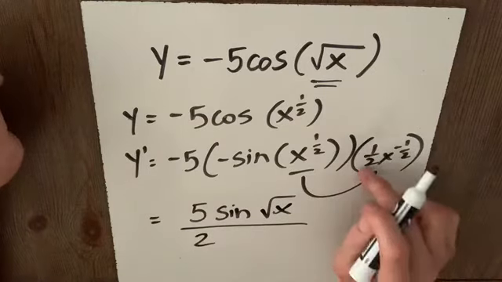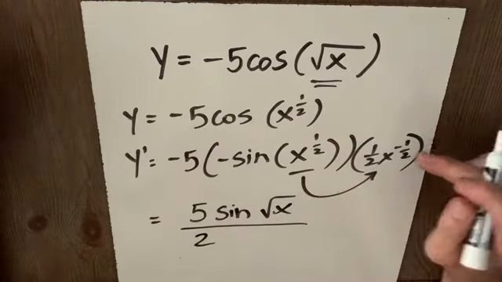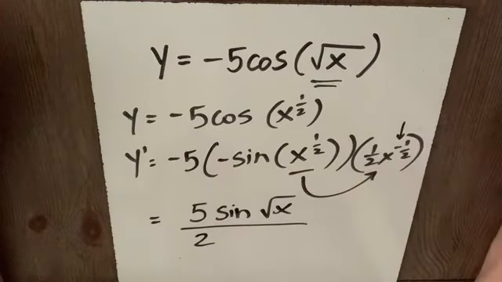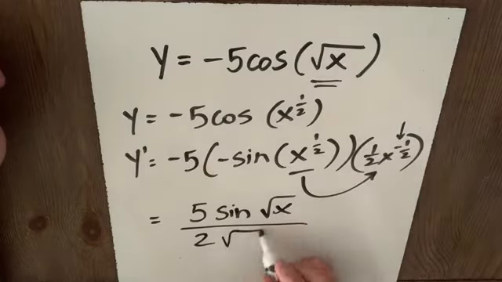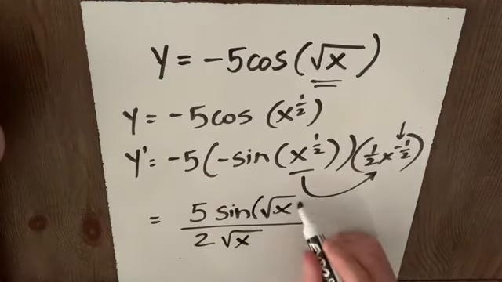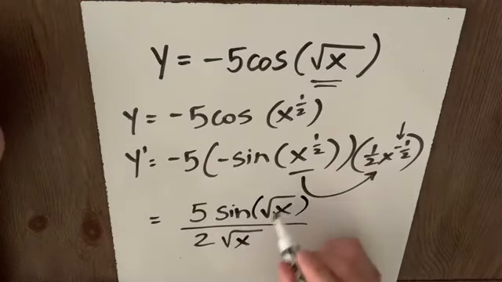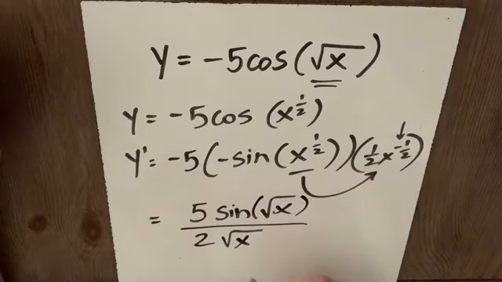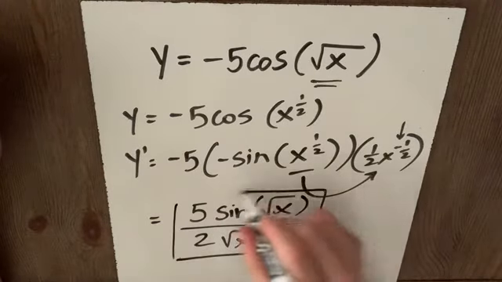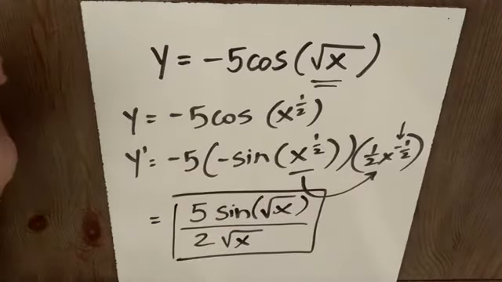The 2 from that 1/2 goes into the denominator. That negative exponent says, put me down below, and 1/2 is the square root. So we'll have this. Now, this is the argument of sine. I know it would seem like you'd want to cancel those, but don't. And there is our beautiful answer.